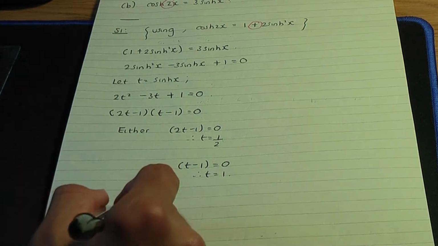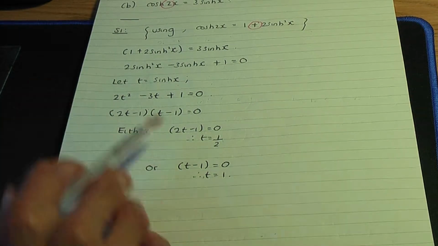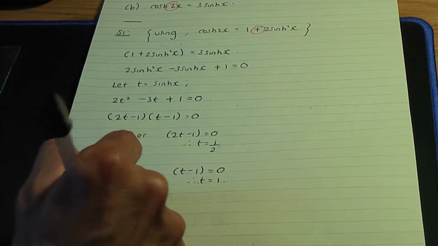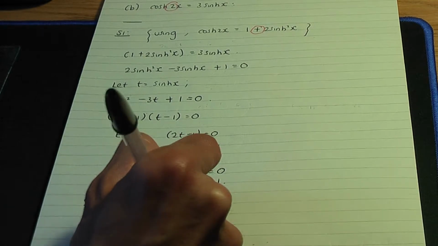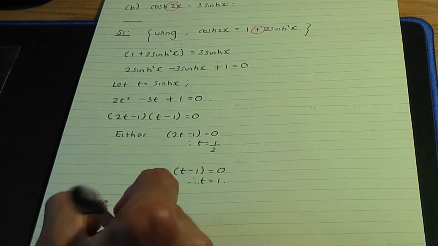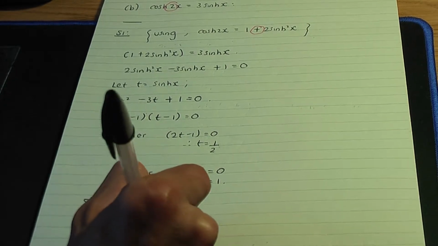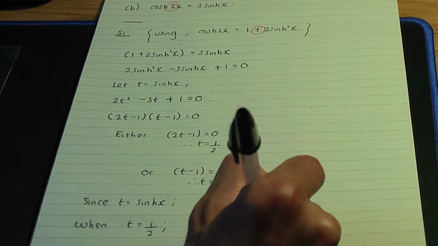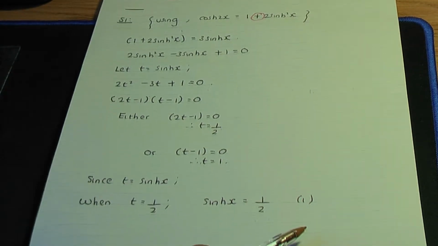So in this case, these are the t values, but remember, t equals hyperbolic sine x. So since t is equal to hyperbolic sine x, when t equals half, the first equation that we need to solve is hyperbolic sine x equals half. So I'll call that equation number 1.